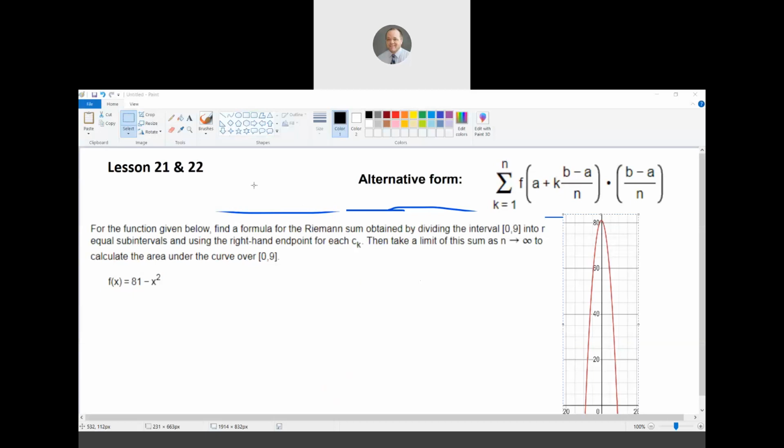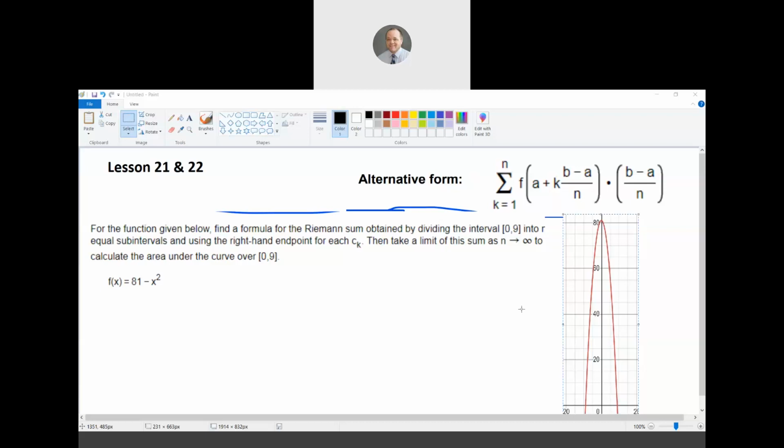For the function given below, find a formula for the Riemann sum obtained by dividing the interval going from 0 to 9 into n equal subintervals, and using the right-hand endpoint for each c.